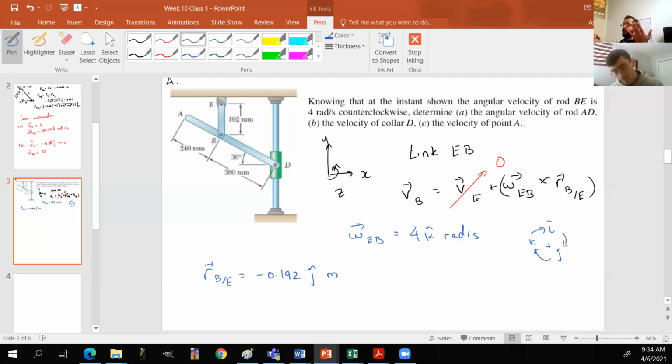So now we can fully describe the velocity of the point B. So velocity of B is just equal to 4 k hat crossed with minus 0.192 j hat, right? And this is going to be radians per second. This is in meters, so I'm going to end up with meters per second, right? So 4 times 0.192 is how much, guys? How much do you guys get? Minus.